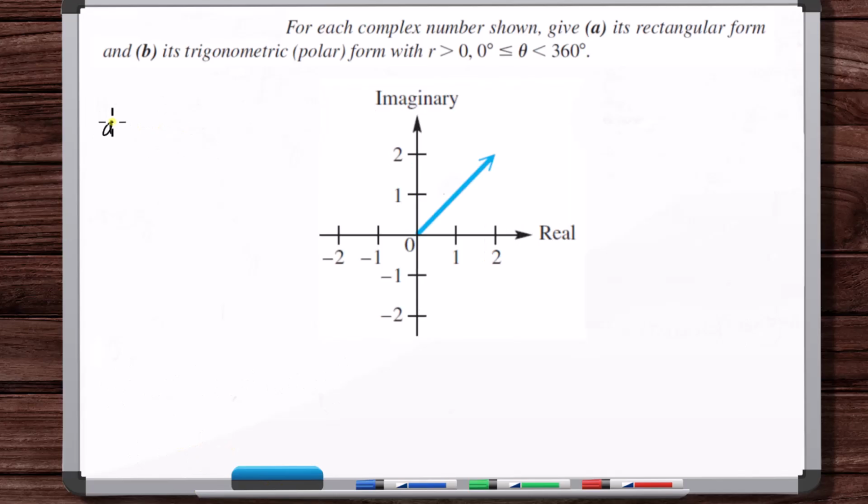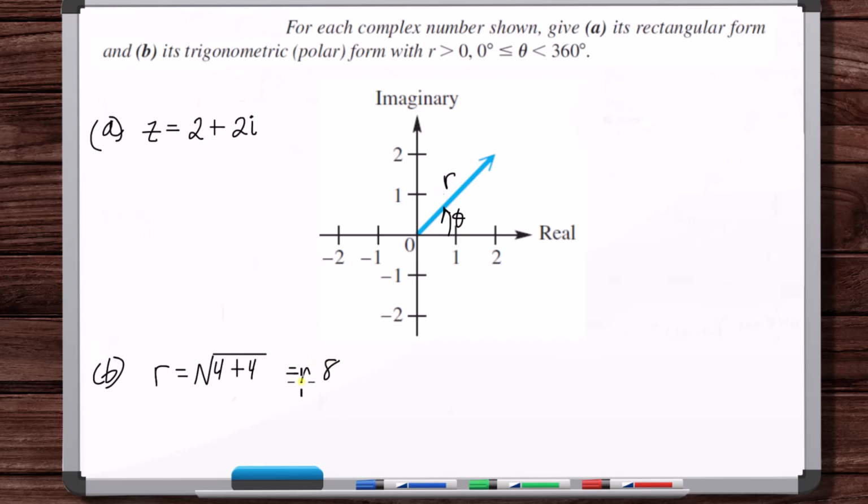Okay, so here we've got z equal to 2 plus 2i. Now in polar, this is going to be r and this is going to be theta. So r, you use the Pythagorean theorem, 2 squared is 4 plus 2 squared, so r is equal to 2 root 2.